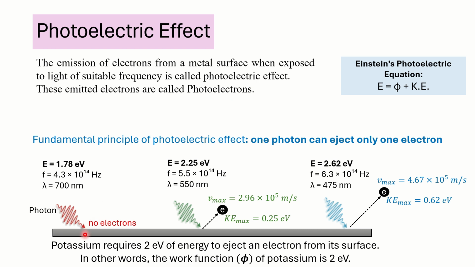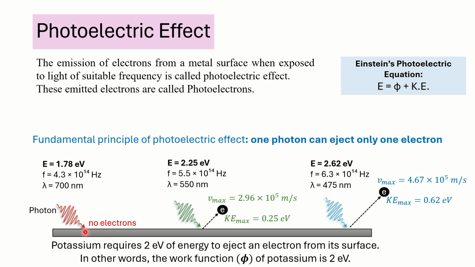Look here, this is the metal surface. Here I have taken potassium metal. The work function of potassium is around 2 electron volt. Work function means the minimum energy required to eject an electron. That's it.